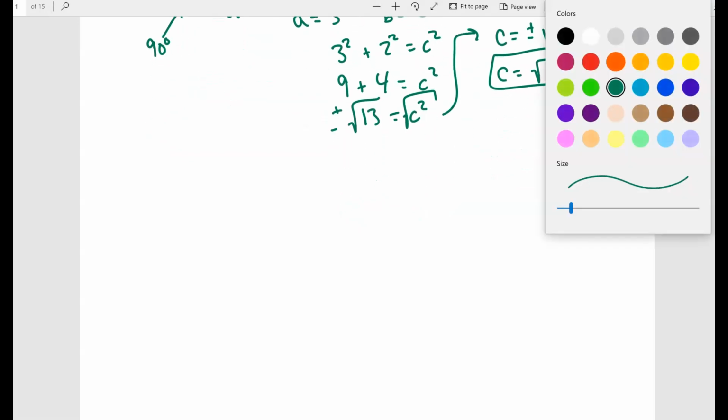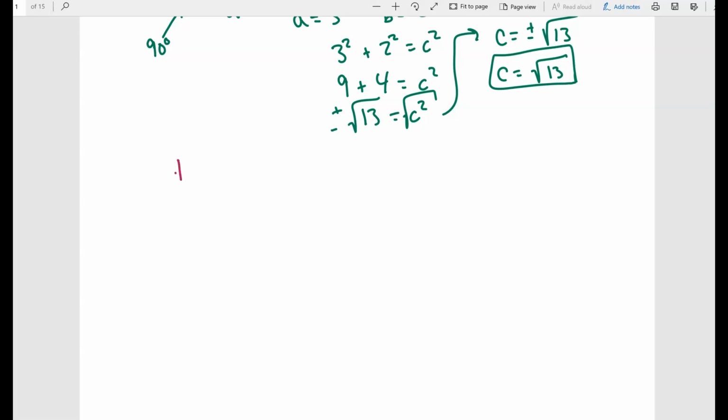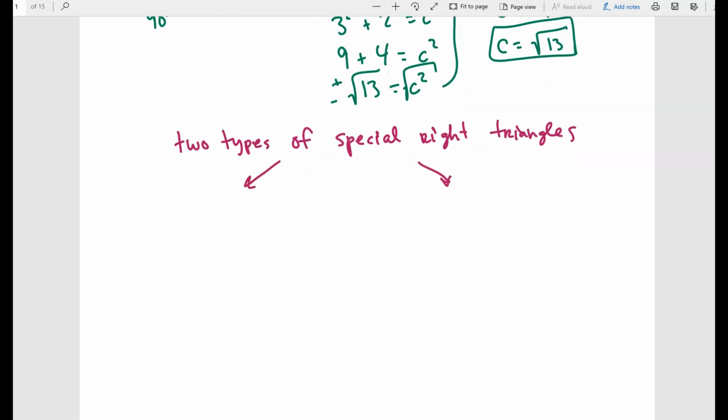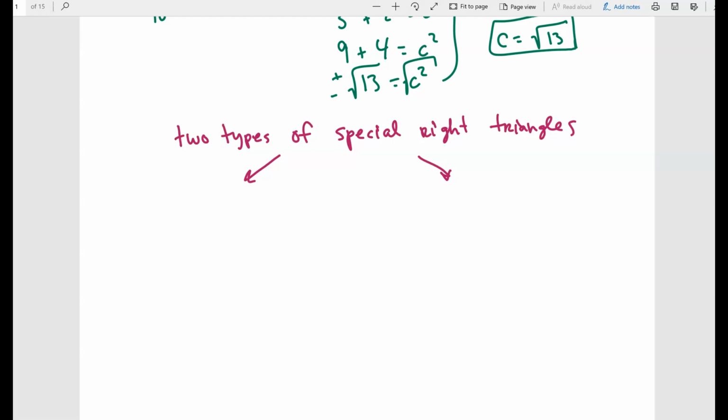We are going to talk about two different types of special right triangles. We will be using them a little bit, mainly for derivation use.